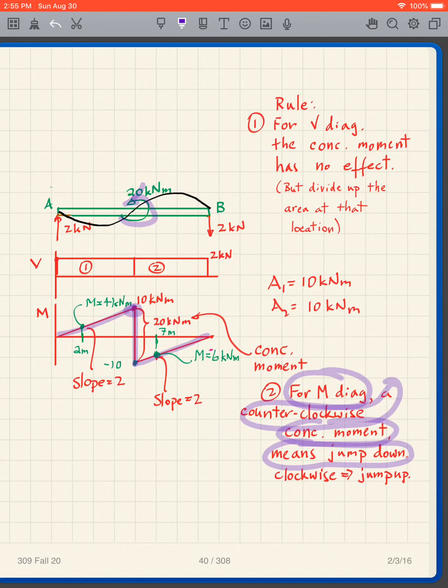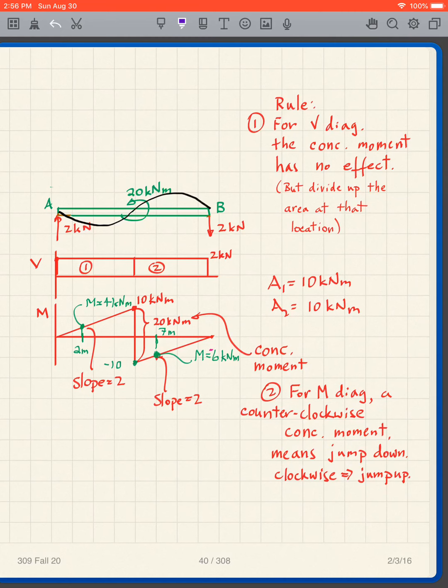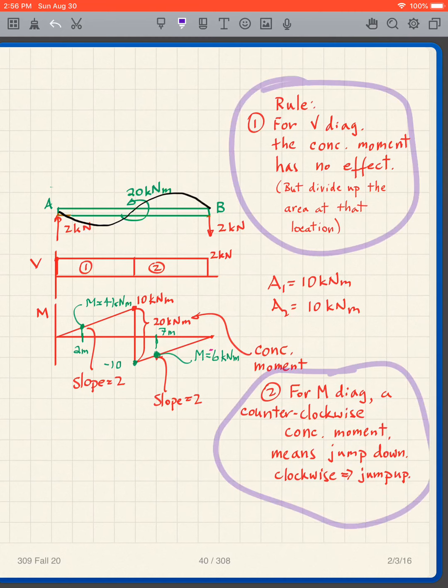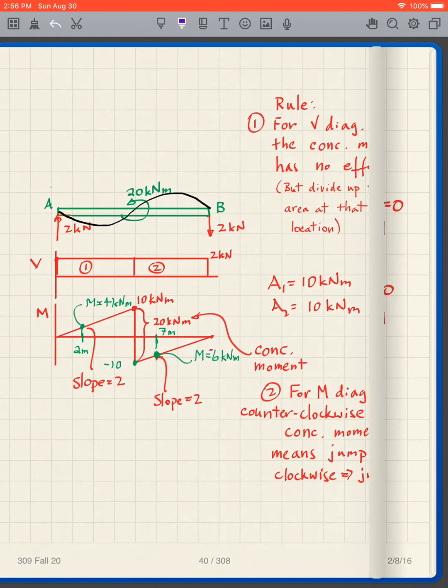And then continue with the areas. So we're going to find that if we have a clockwise concentrated moment, it means jump up. So these are two more rules for the shortcut method that you need to know, those rules.